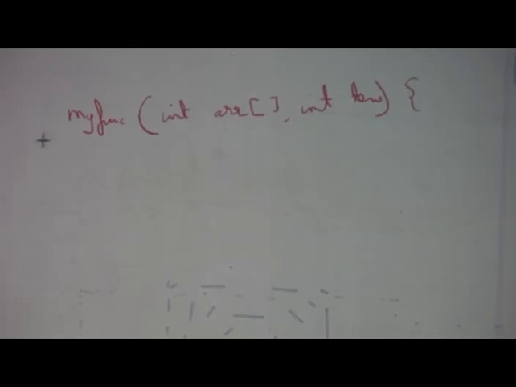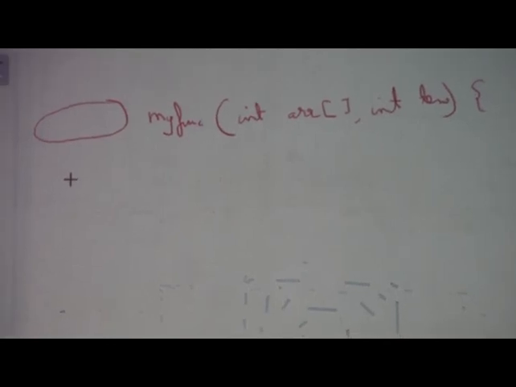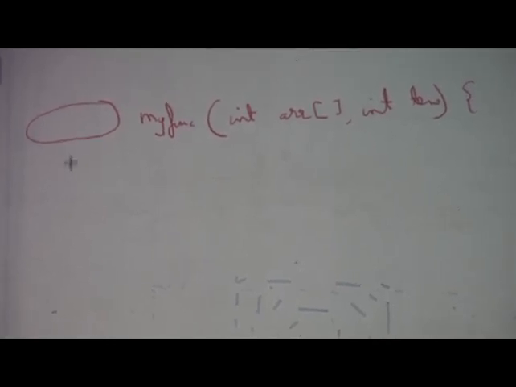And then the question is, what should the return value of that function be? Should it be a structure? Should it be an array? Or should it be something more cute, more simple, more easy? What I would like is something like this.